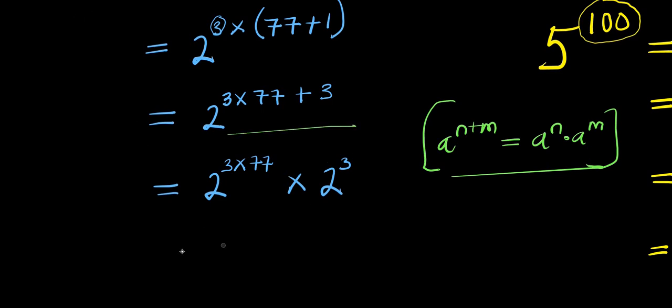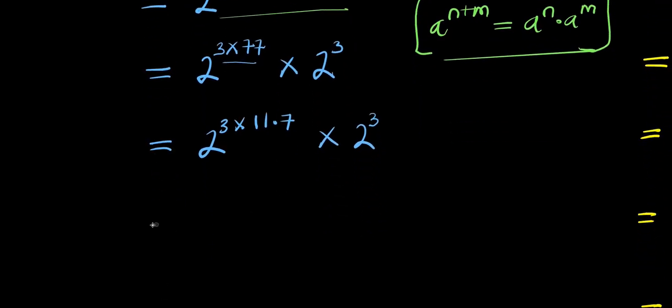Alright, so we simply continue. We have 2 to the power of, now this 3 times 77, we can simply express it as 11 times 7. Then we have times 2 to the power of 3.